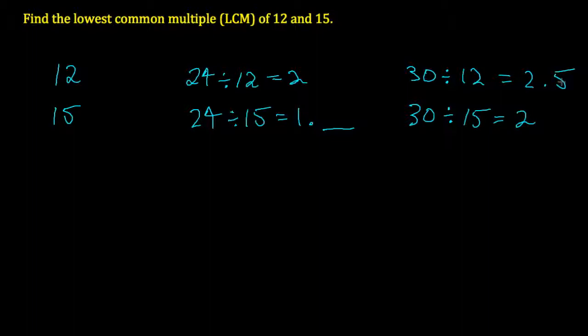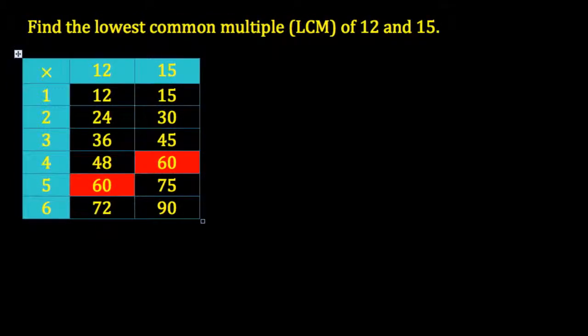The lowest common multiple is the smallest number that is both evenly divisible by 12 and 15. Possibly a good strategy would be to look at a multiplication table involving 12s and 15s. So here's how we do that. Looking at the multiplication table for 12 and 15, we look down the multiples of 12 and we see 12, 24, 36, 48, 60, 72.